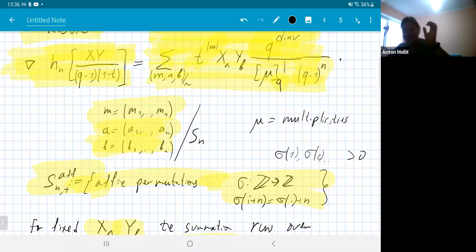You can apply Nabla to different symmetric functions, and there are only finitely many symmetric functions of a given degree.